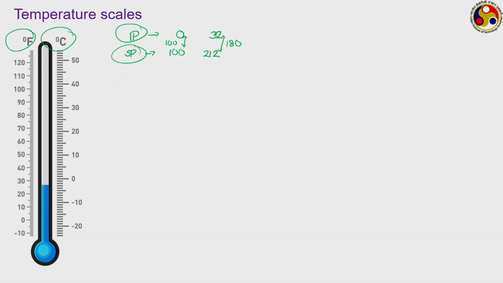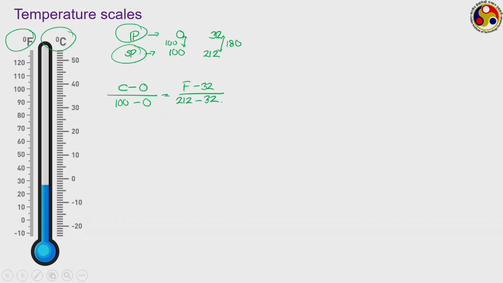Now, how can we develop a relation between them, something of very school level stuff. As we are taking equal divisions between them, you can go for a linear interpolation. So, in case of Celsius scale, if any temperature is given as C, then C minus the ice point temperature, that is 0, divided by steam point temperature 100 minus ice point temperature, will be equal to F, the corresponding temperature in Fahrenheit scale, minus the corresponding ice point value, which is 32, divided by steam point value 212 minus ice point value.